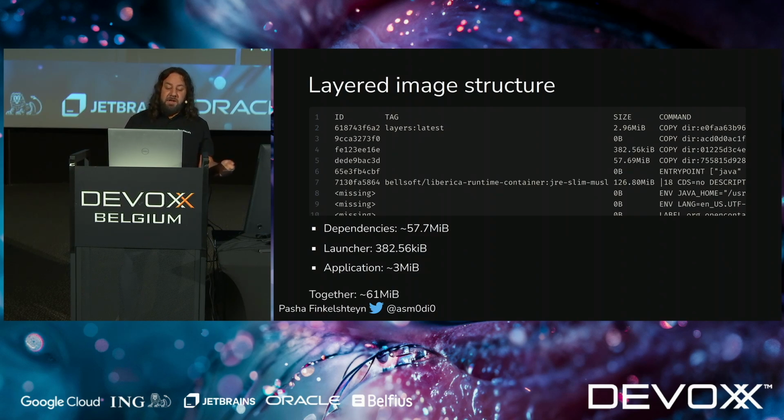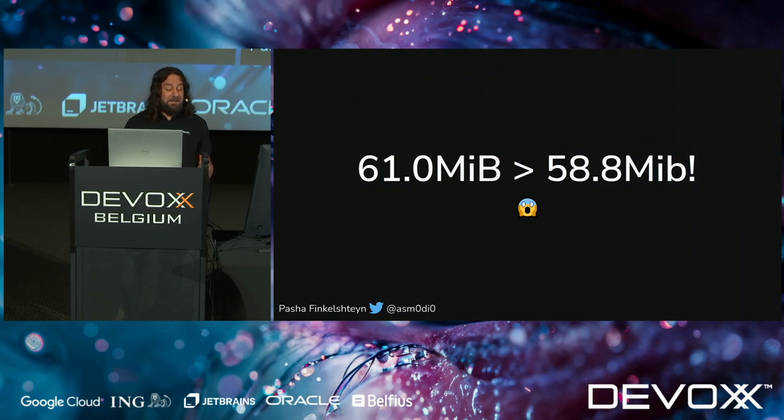If you add them up together, then it's 61 megabytes. But 61 megabytes is more than the 59 megabytes we had by just building the jar. What? Why is it better?